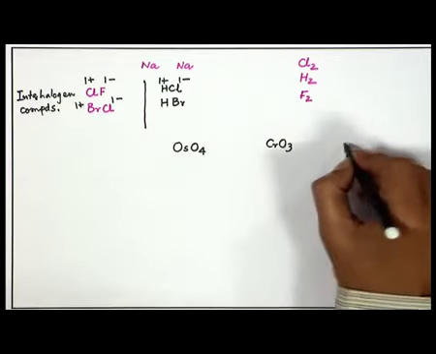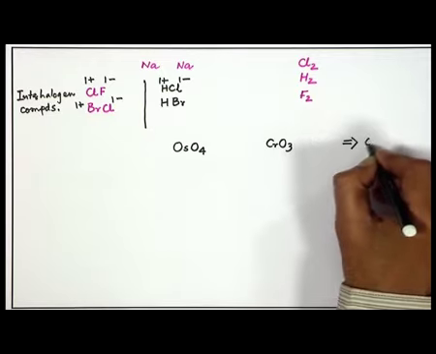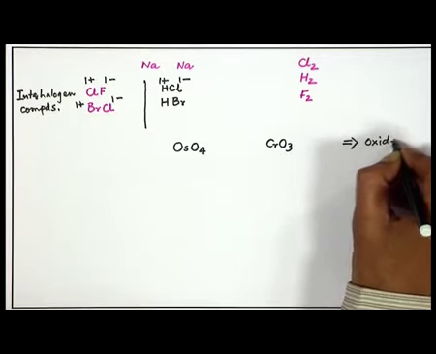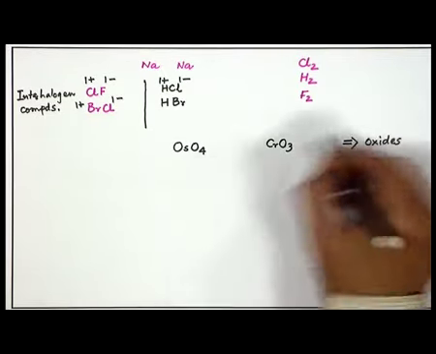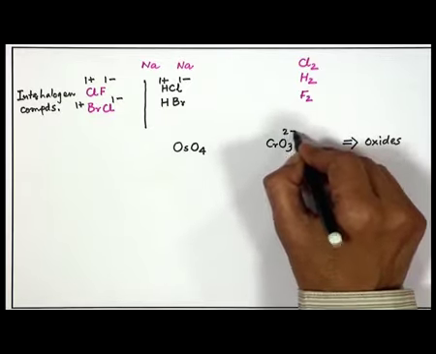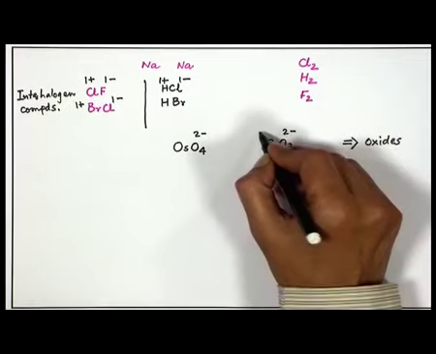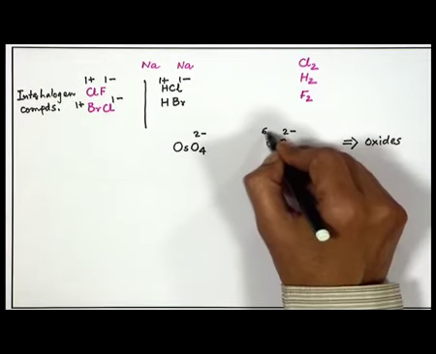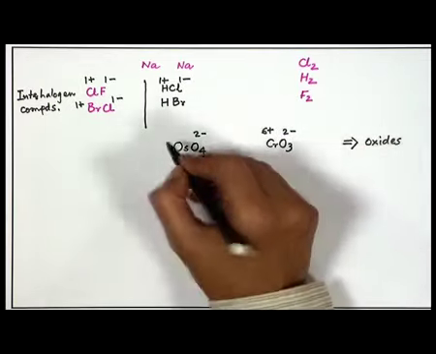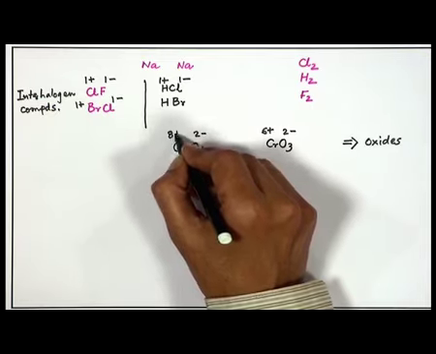These are oxides, so quickly we can assign the oxidation states with O2 minus. Obviously, chromium will be hexavalent and osmium is 8 plus.